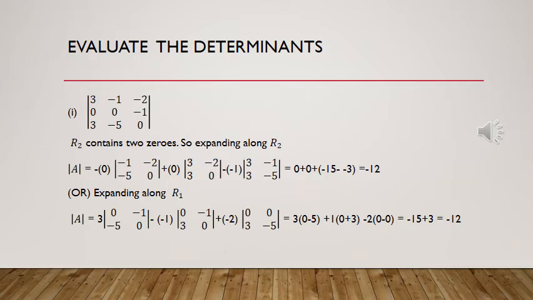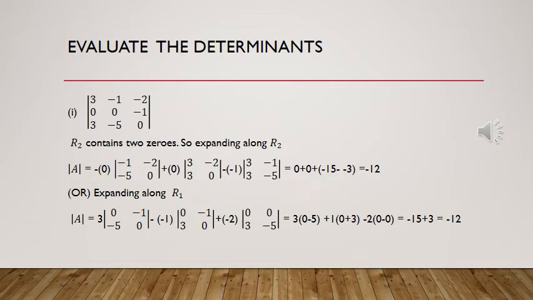Question number 1. Evaluate the determinant 3, negative 1, negative 2, 0, 0, negative 1, 3, negative 5, 0. Let us take it as A. For easier calculations, we shall expand the determinant along that row or column which contains the maximum number of zeros.